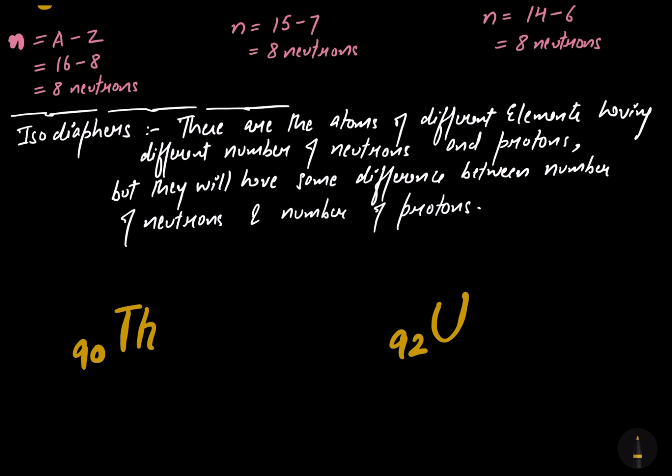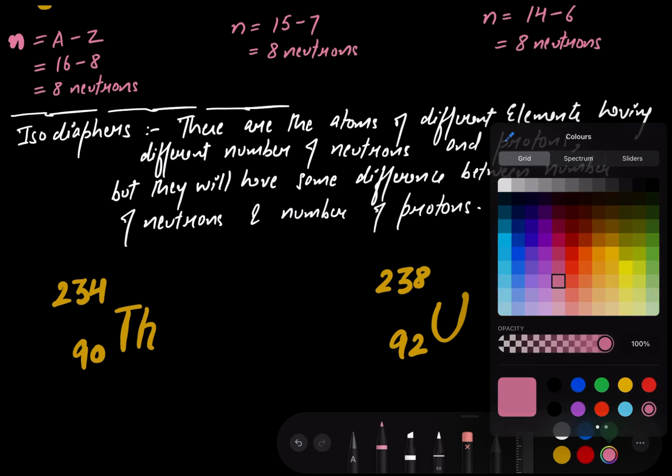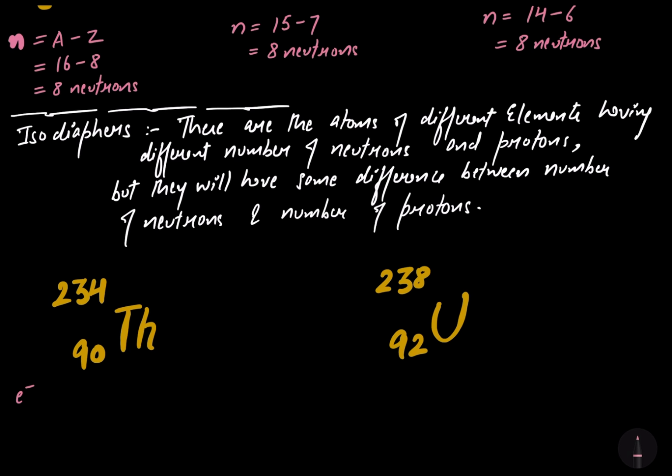Now let's talk about the mass number of thorium. It comes out to be 234. And what's the mass number of uranium? It comes out to be 238. So now first of all, let's calculate the number of electrons, protons and neutrons in these two. The number of electrons will be 90 in case of thorium.